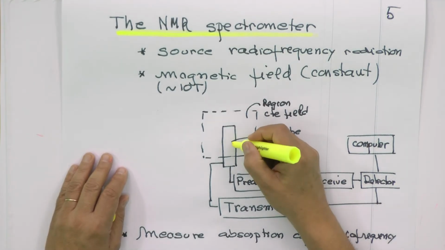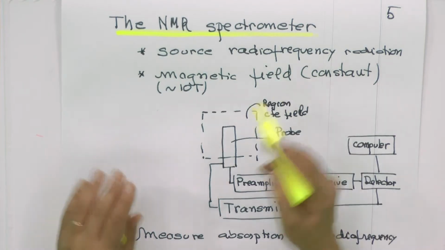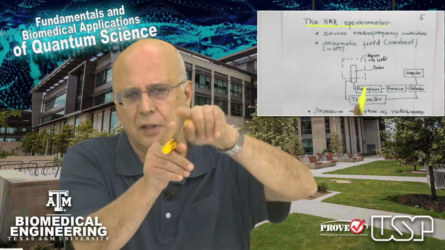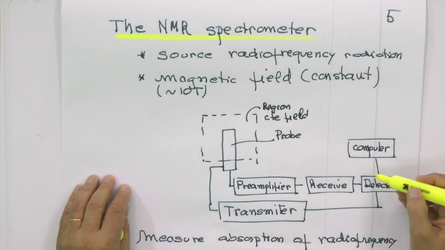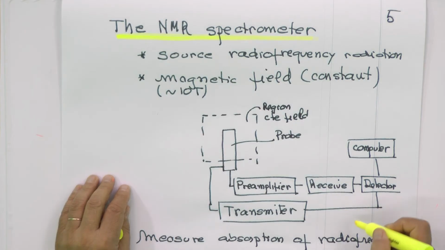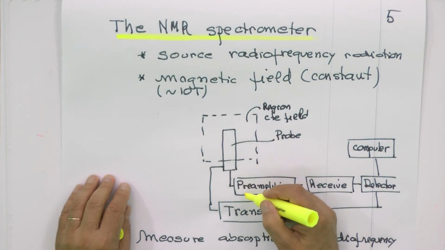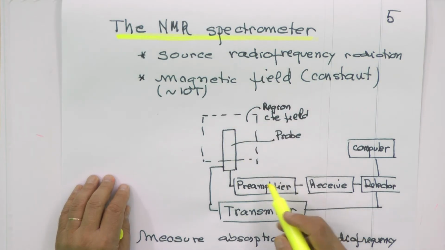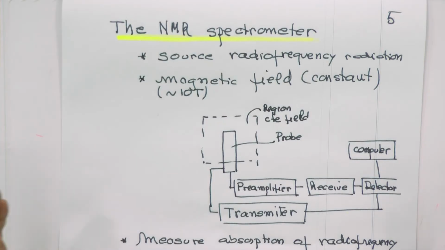We have a sample, but this sample now needs to be in a region of magnetic field because we need to create the split of the levels. And then we send the radiation. Normally we send the radiation this way, and we see what's coming back from that cavity, from wherever I put the sample. I amplify and I detect.